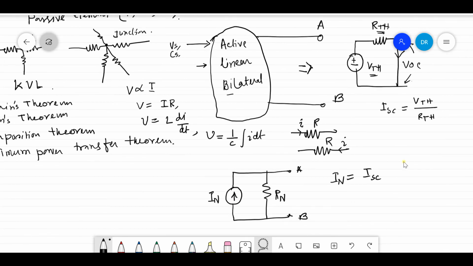And this Rn is equal to the equivalent resistance, similar to RTH. So this is the Norton theorem statement. Any two-terminal active linear bilateral network can be transformed to a simple circuit which contains a current source and a parallel resistance.